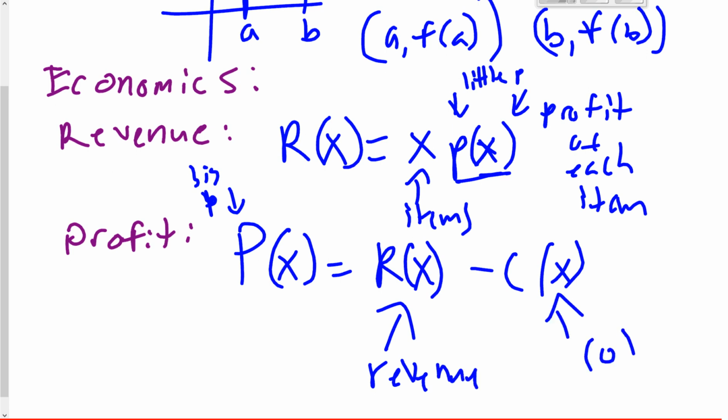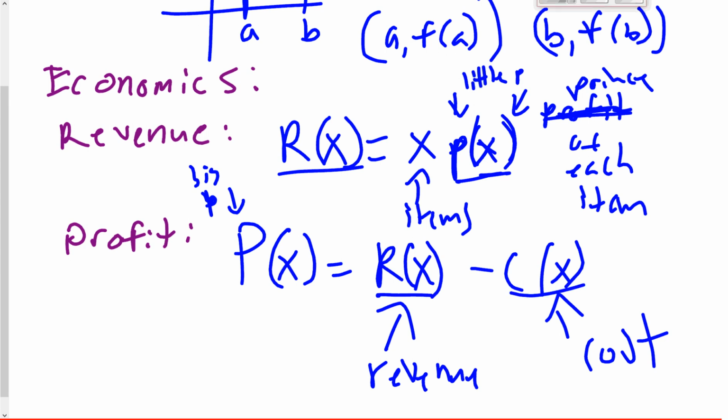This little p is the price of each item. Let's just say price of each item times how many items I have, that's going to create my revenue, how much I'm making. Then to figure out how much profit I make, I have to take the revenue minus the cost. Okay, so there you go.